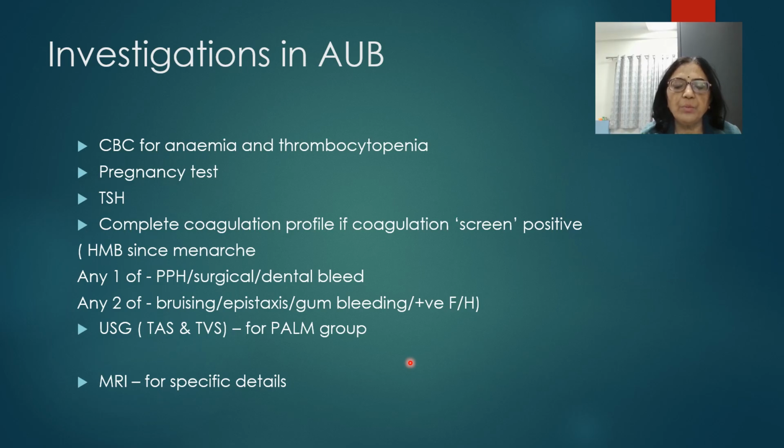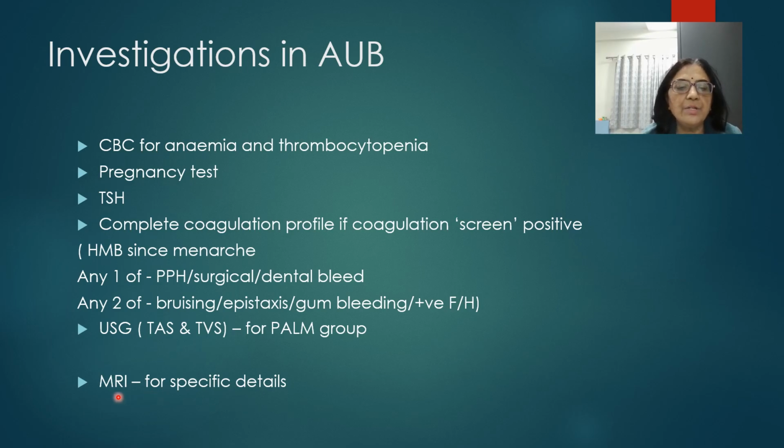It is specially the terminology, and this classification system has been designed only for the reproductive age group, that is from menarche till menopause. MRI is indicated whenever we want to know the specific details, such as if multiple leiomyomas are there, then we want to know where is the placement of leiomyoma, if we are planning to do the myomectomy, or if there is a suspicion of endometrial malignancy, then to know how much is the invasion.